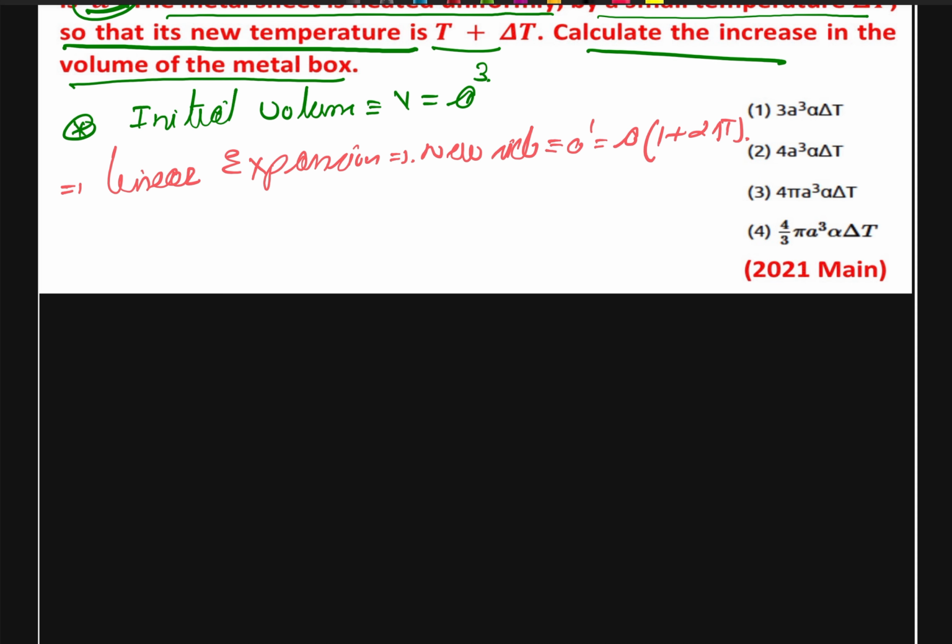Therefore we can write our new volume V prime will be equal to the new side A prime, whole cube. So we substitute in terms of A, that is 1 plus alpha delta T, whole raised to power 3.